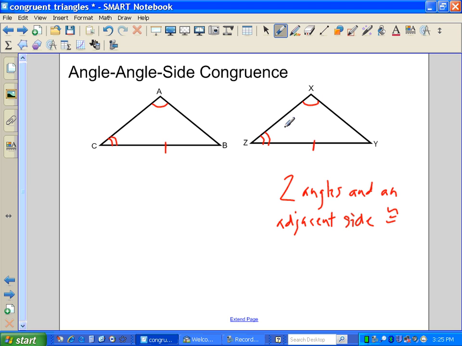So we have angle, angle, side. So since that angle, angle, and side are congruent to this angle, angle, and side, we can say that triangle ABC is congruent to triangle XYZ by angle, angle, side congruence.